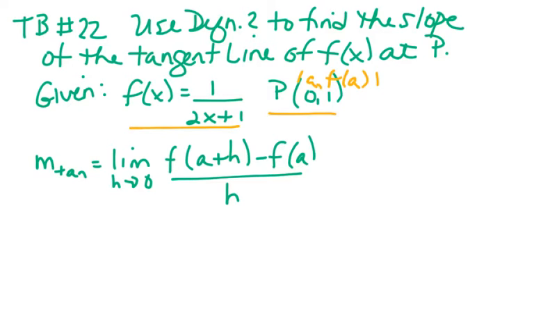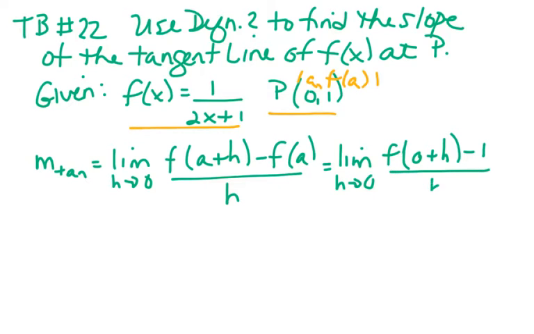So we know what a is. a is equal to 0, and f of a is equal to 1. So let's replace in this equation what we know so far. Let me write this a little differently. a is 0, so 0 plus h, minus f of a, which is 1, all over h.